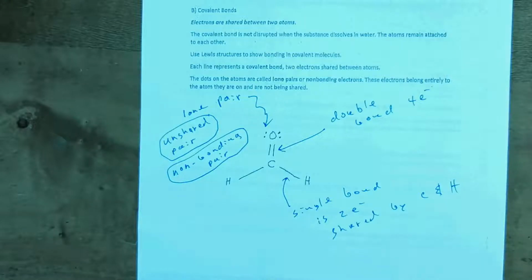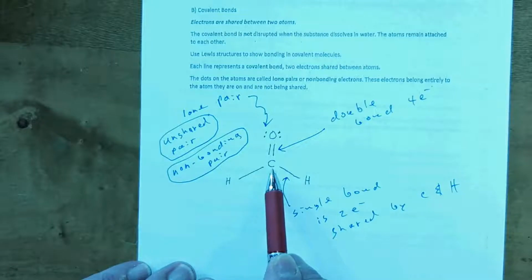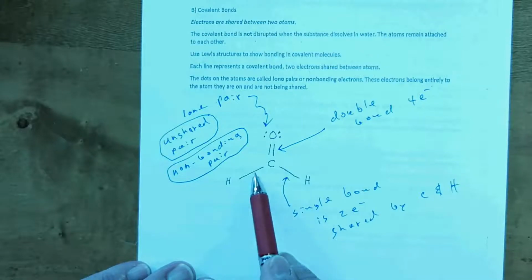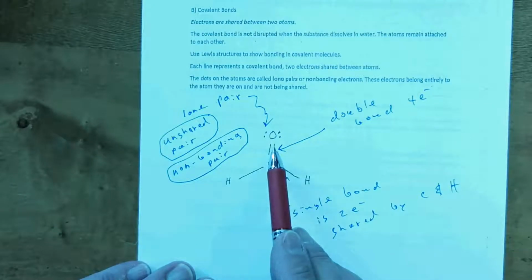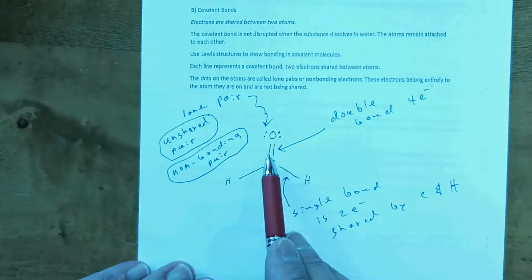The big overriding thing in Lewis structures is the octet rule. So each atom wants to look around and feel like it's in contact with 8 electrons. If you look at this carbon atom here, that carbon atom feels like it's in contact with 1, 2, 3, 4, 5, 6, 7, 8 electrons.